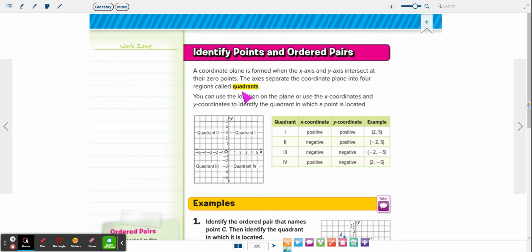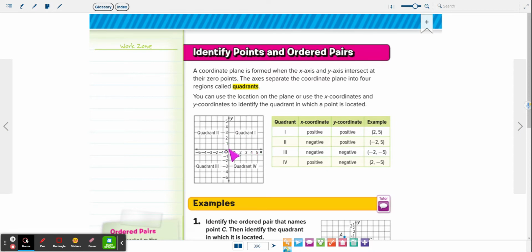So first we have the definition of quadrant. A coordinate plane is formed when the x and y axis intersect at their 0 points. The axes separate the coordinate plane into 4 regions called quadrants. And when you were little, you were working with quadrant 1 only. You only saw that one. You saw positive numbers going to the right and positive numbers going to the top. That's quadrant 1.